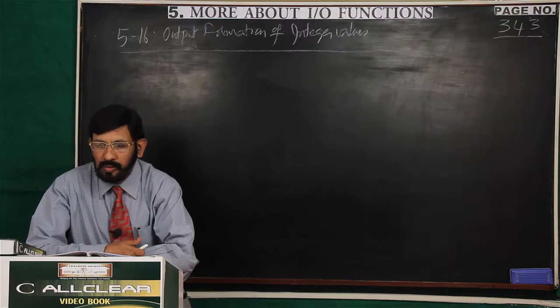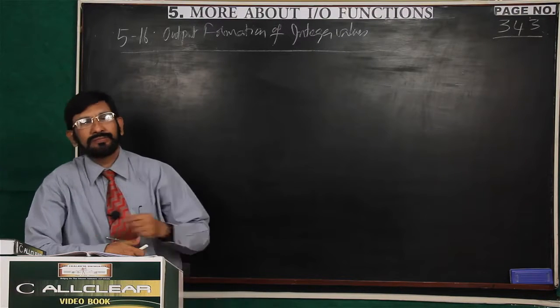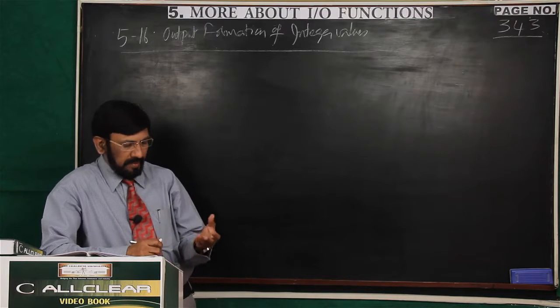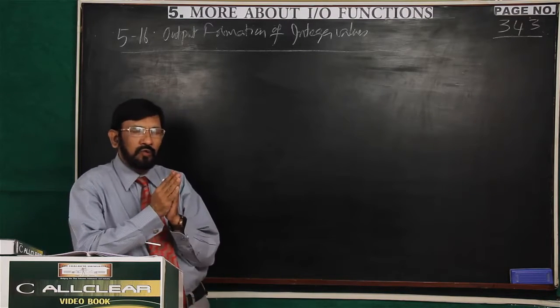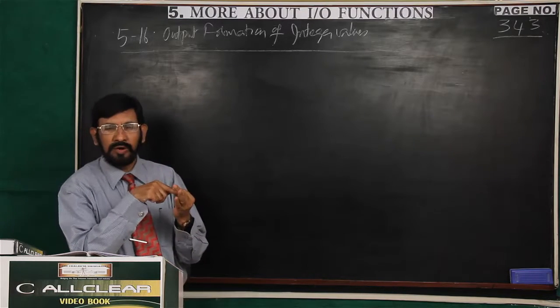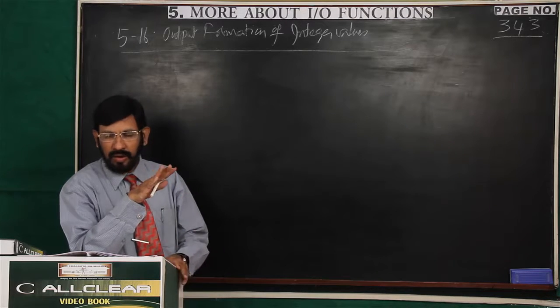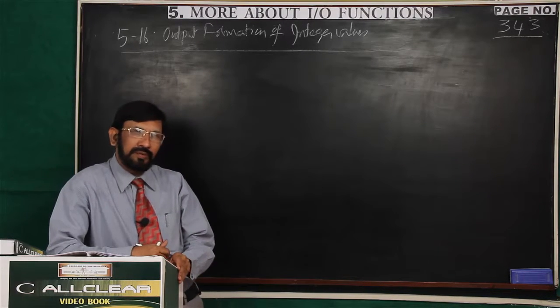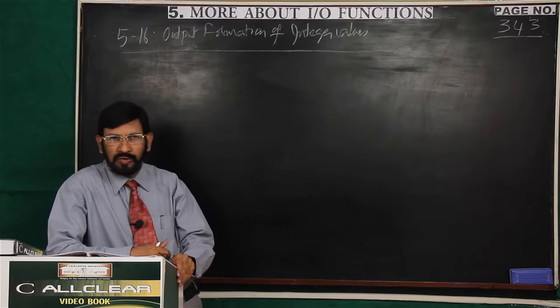5.16 Output formation of integer value. Hereafter we study how to format integer, floating point, character, and string values, all individually. In the first chapter, we learned the simple output formations.